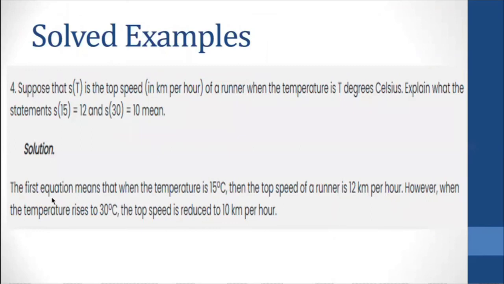So the first equation means that when the temperature is 15 degrees Celsius, then the top speed of a runner is 12 kilometers per hour. However, when the temperature rises to 30 degrees Celsius, the top speed is reduced to 10 kilometers per hour.